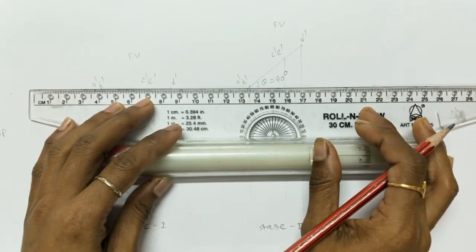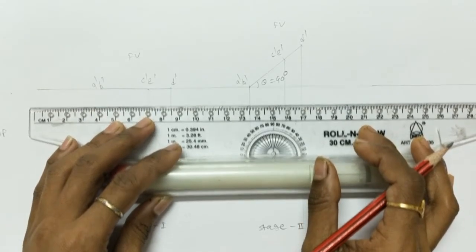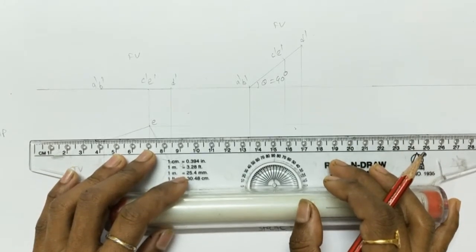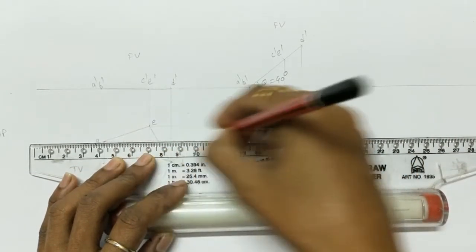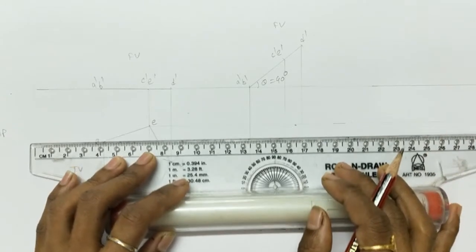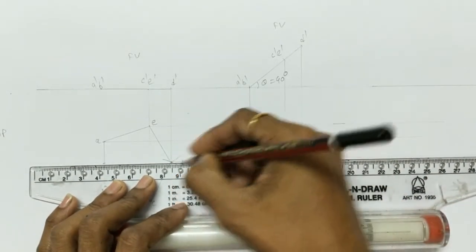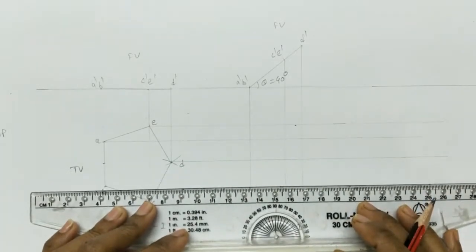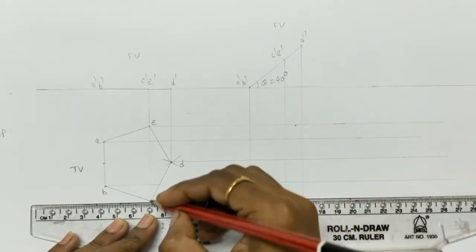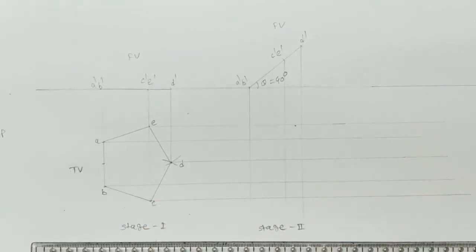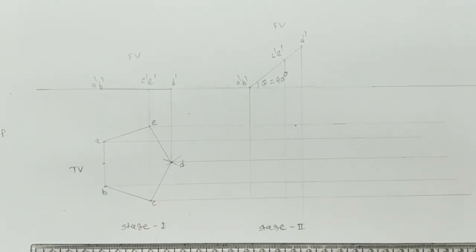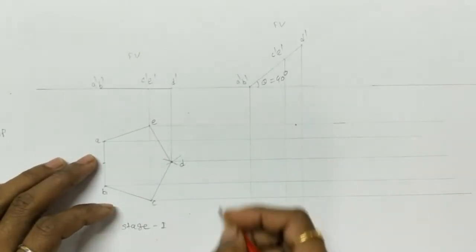So take horizontal projections from these points E, A dash, then point D, then point B, and last point C. Now join the points.